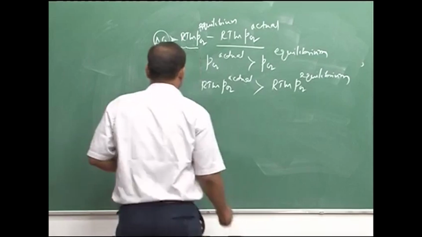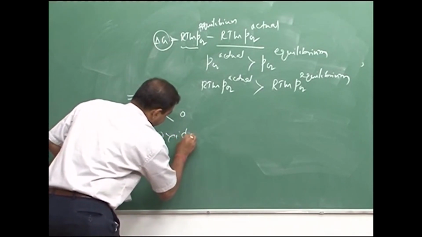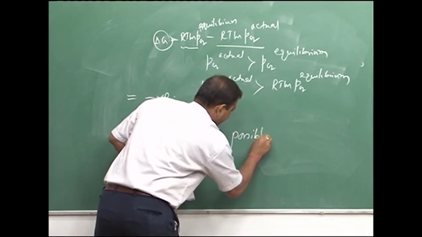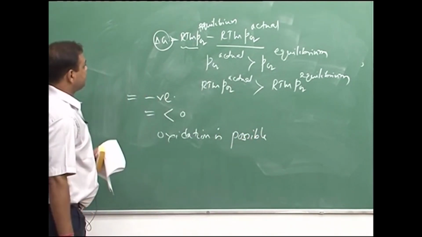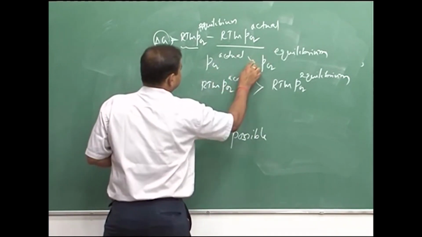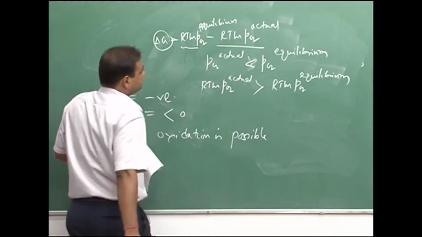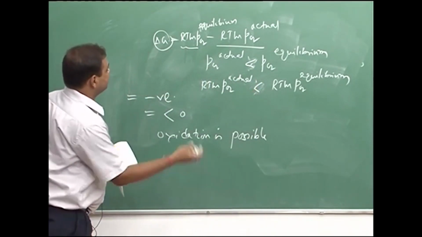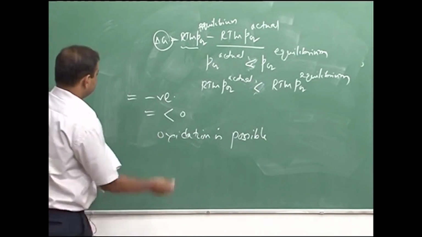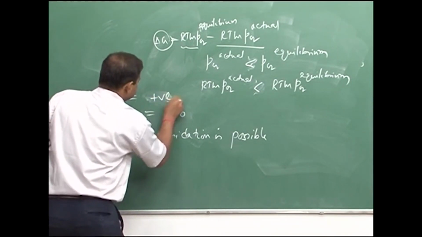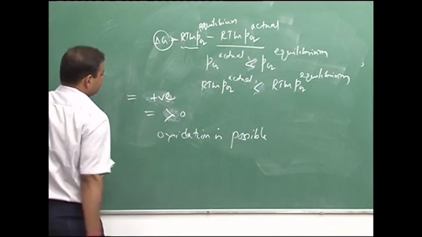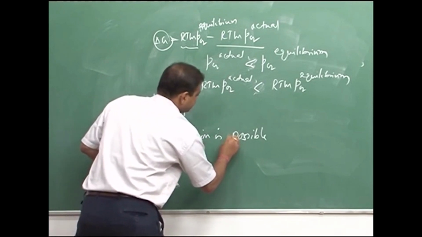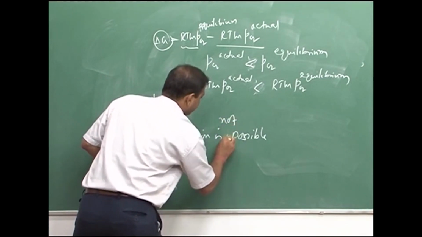So, oxidation is possible. Similarly, if this is greater than this, the things will reverse. So this would be positive, greater than 0, and then oxidation is not possible.